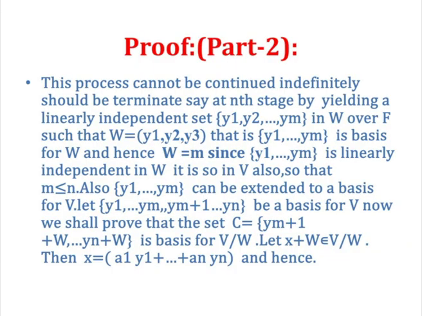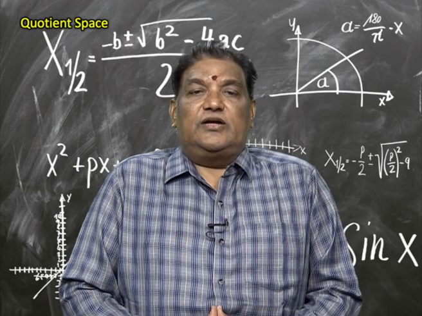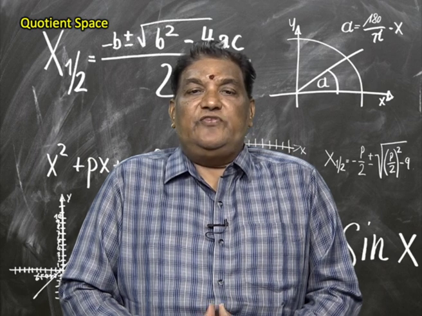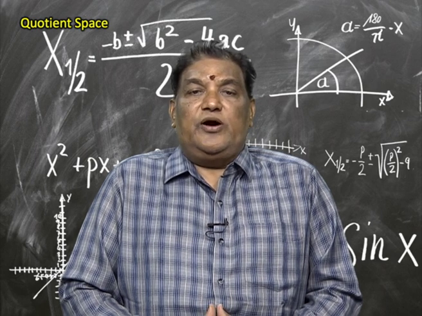Proof 2. This process cannot be continued indefinitely, so it should terminate, say at the mth stage, yielding a linearly independent set y1, y2, ..., ym in W over F, such that W equals L(y1, y2, ..., ym).